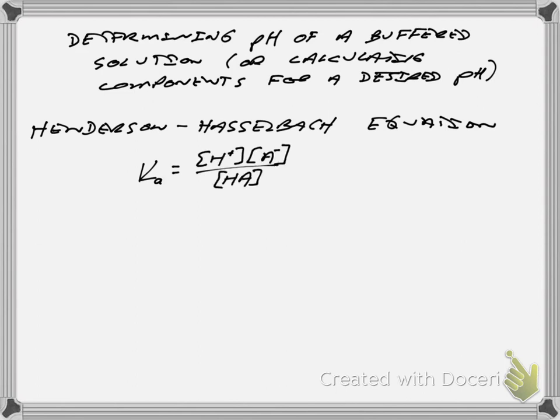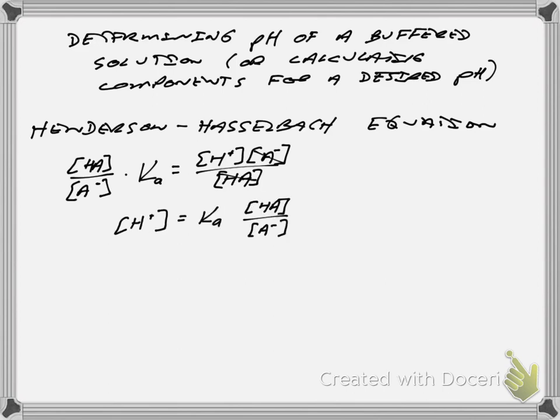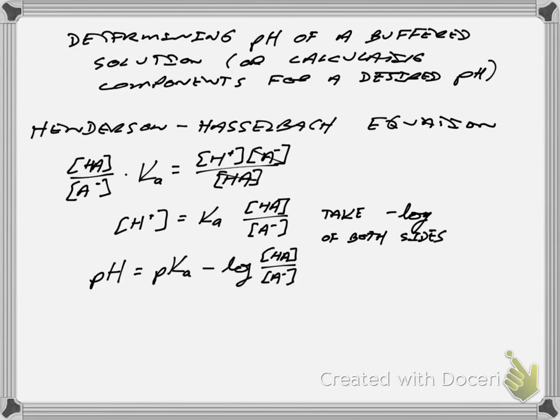Basically, we start off with the acid dissociation expression. Ka is the concentration of H plus times the anion concentration over the concentration of the acid. And then just with some math, I rearrange by multiplying both sides by the concentration of the acid, dividing both sides by the concentration of the anion, and then I just reverse them just because it's easier to see what I do from here. And then if I take the negative log of both sides, that's P, then I get pH equals pKa minus log of the HA over the A minus.